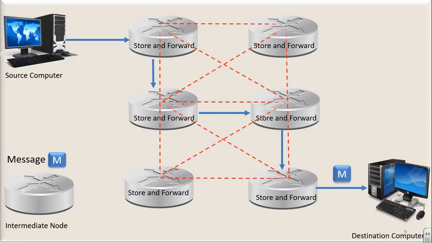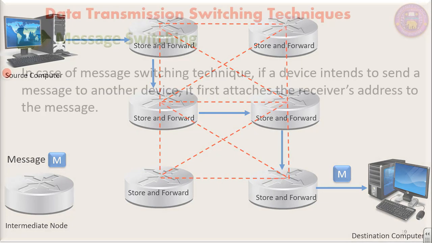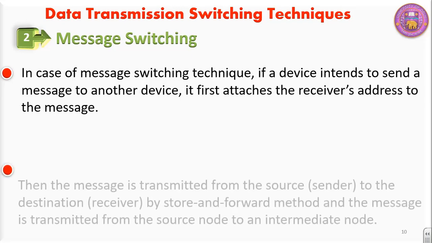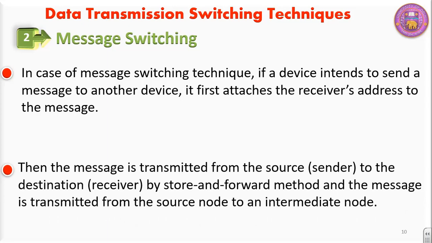Now let us look at the functioning in detail. In case of message switching technique, if a device intends to send a message to another device, it first attaches the receiver's address to the message. Then the message is transmitted from the source to the destination by store and forward method, and the message is transmitted from the source node to an intermediate node.